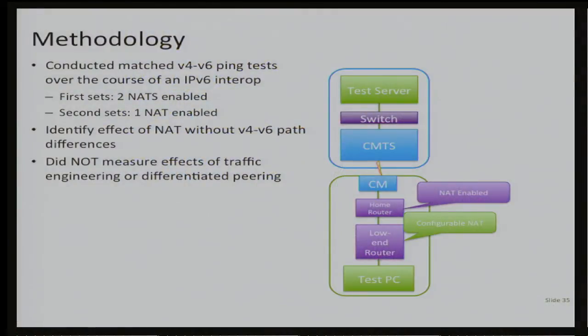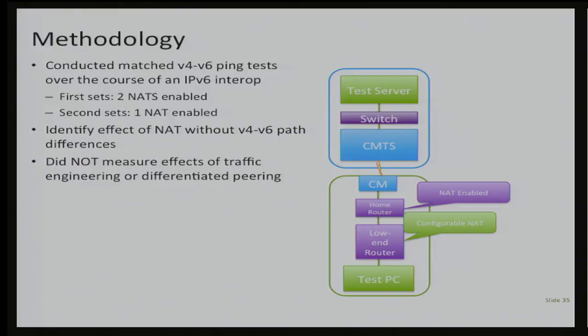So here's a little picture of our test network. It's pretty basic. We had a cable modem termination system, the CMTS, in the head end with a test server plugged into it. And then in the home, we had a cable modem, one what I'll call a home router, and one a low-end SOHO router, and then the test PC.